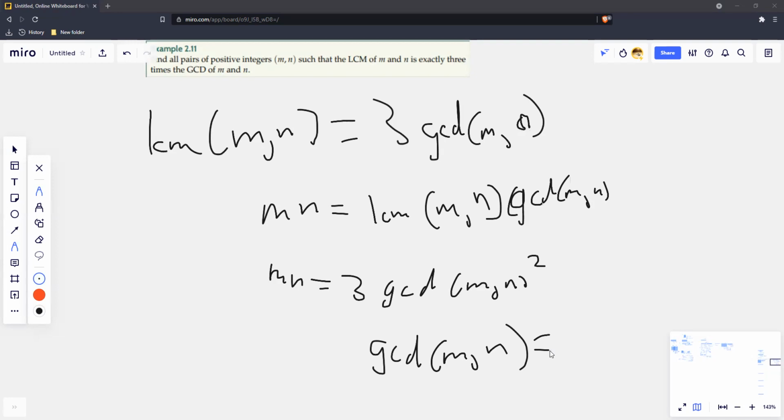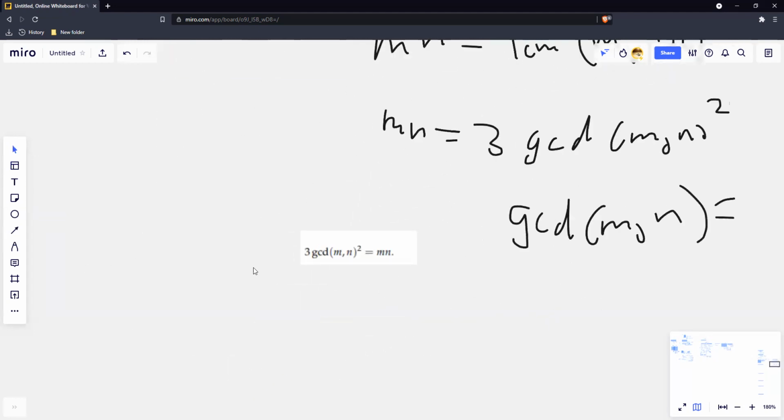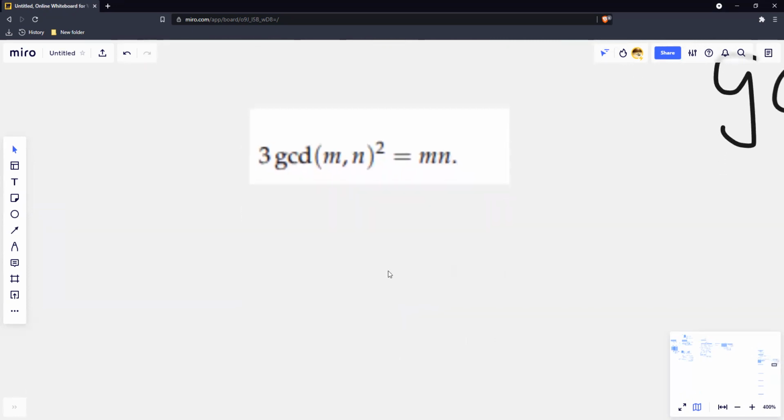You have a multiplicative GCD expression like this. This LaTeX is much better. Let's pause here. So we basically have 3 GCD of m comma n squared is equal to mn, right?